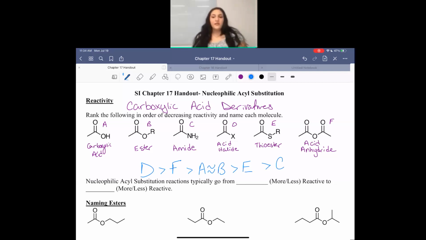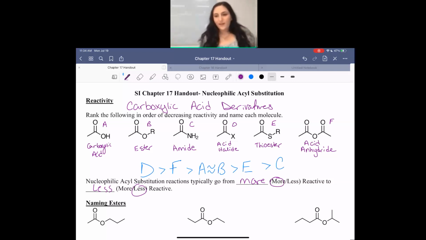Okay, so the next thing here is kind of like a fill-in-the-blank thing, and it says nucleophilic acyl substitutions typically go from blank to blank. And so they're typically going to go from more reactive to less reactive. And this kind of makes sense, right? Because in the world, we don't want things to be super, super reactive.